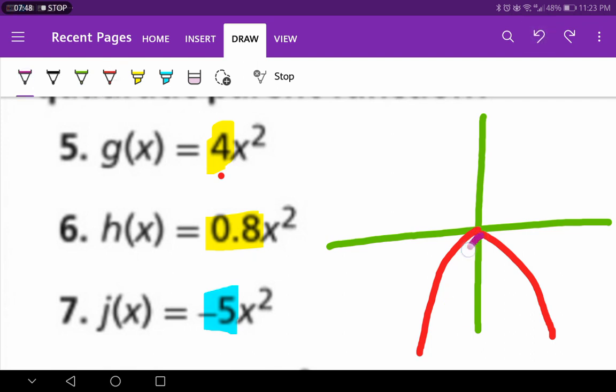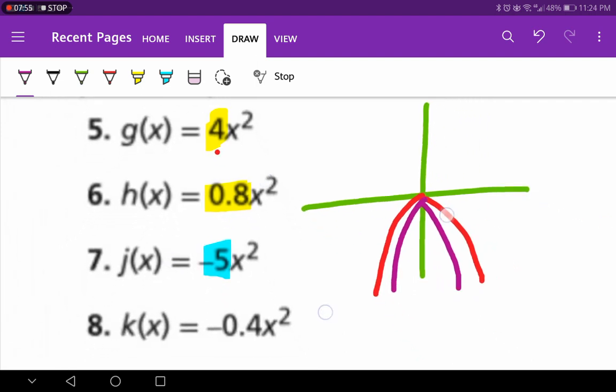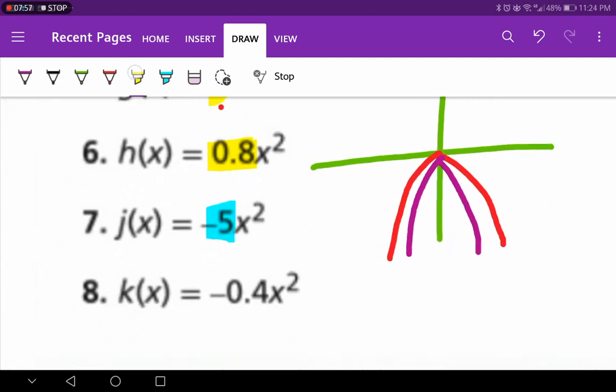Okay, what if it is negative and less than 1? It is downward and wider. Downward and wider.